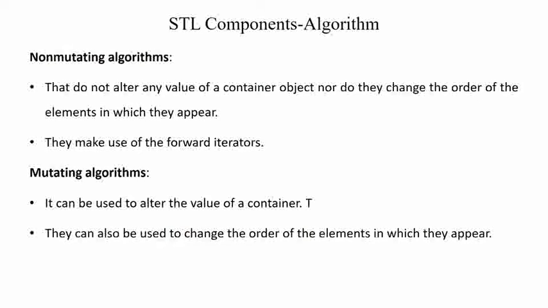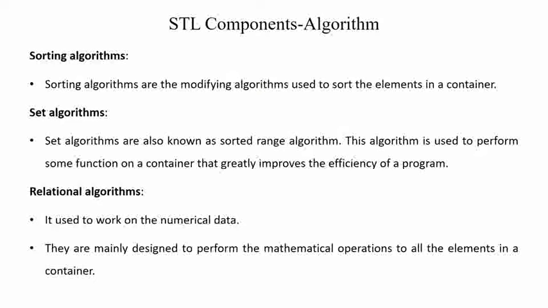Here we can alter the value of container as well as change the sequence of container also. That algorithm is called mutating algorithm. Next one is sorting algorithm. If any sequence is given to us in the container, we have to sort the elements of that container by using sorting algorithm.